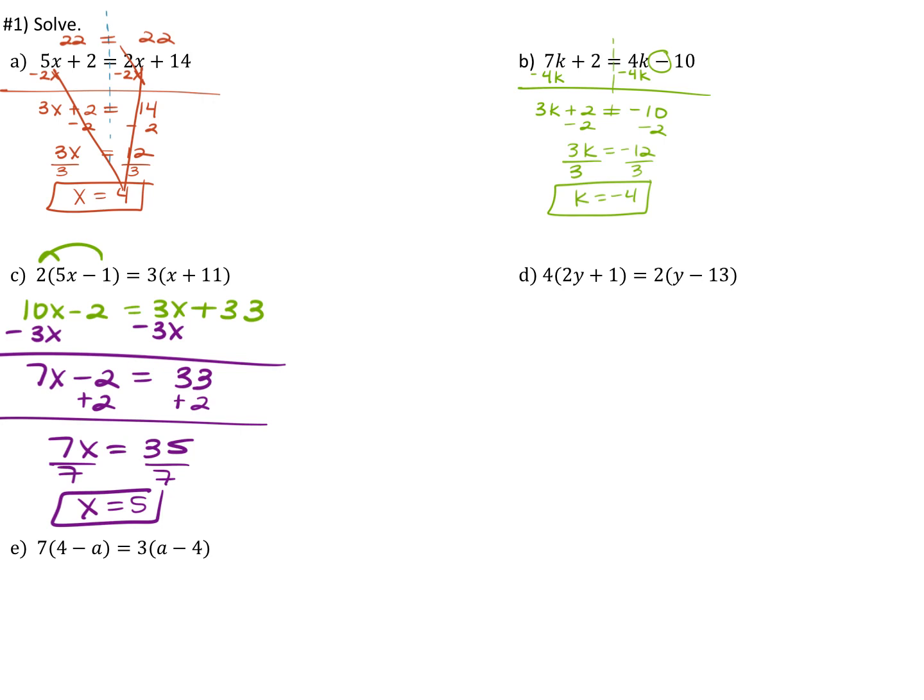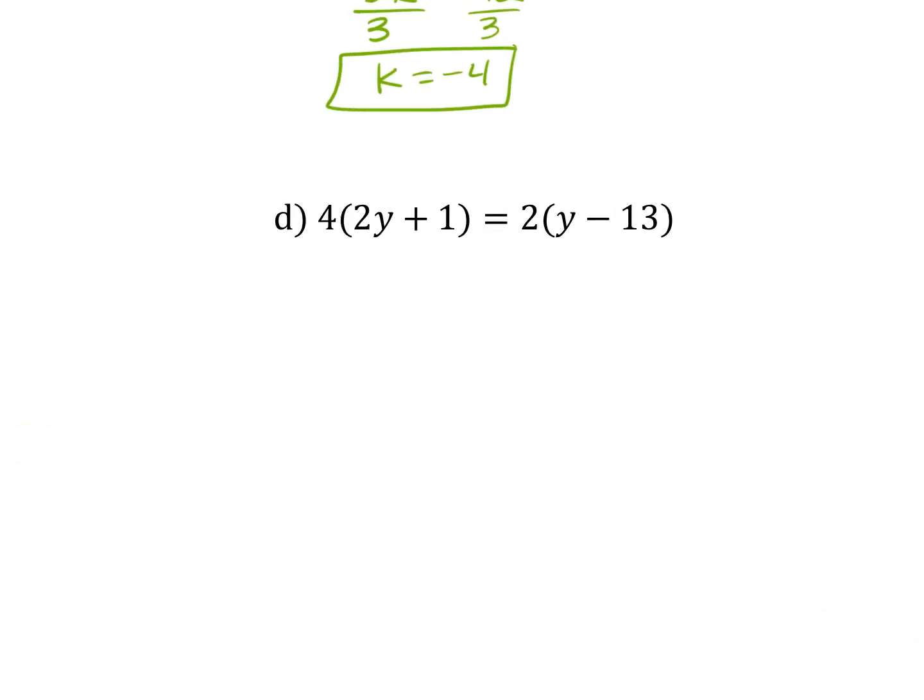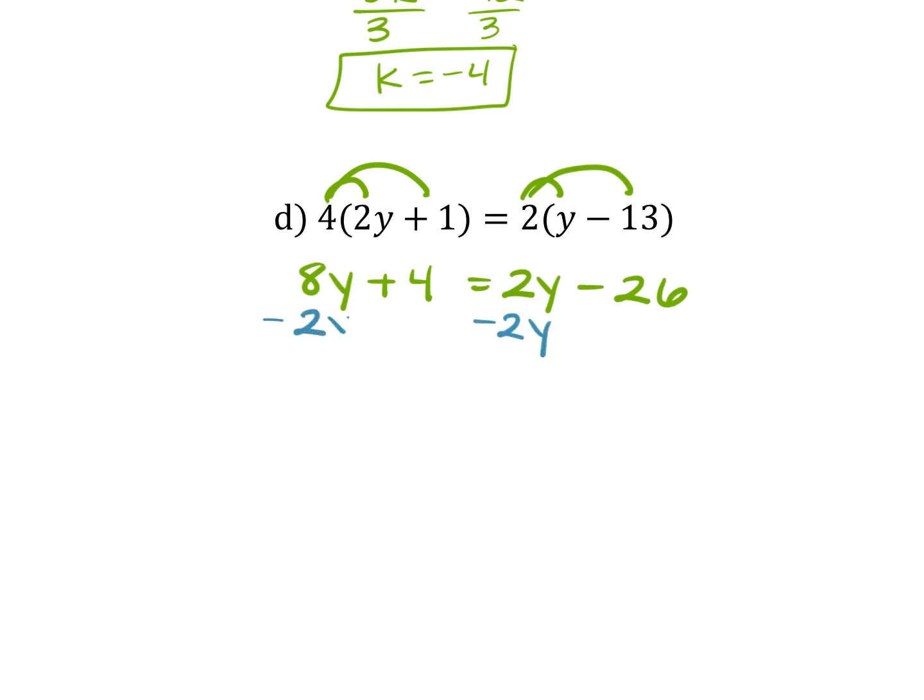Okay, let's work it out. Will you start your timer? Okay, so distribute. So you get 8y plus 4 equals 2y minus 26, okay? What was your next move? Take away the 2y.